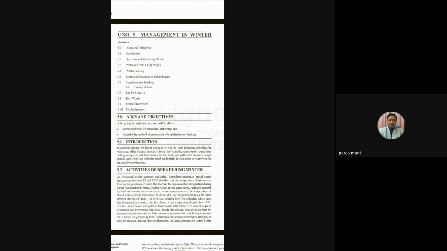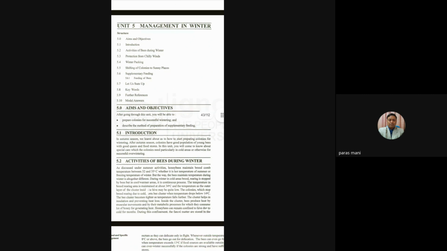Only for 1 or 2 hours, wherever it is necessary, you have to expose the colony to the sunlight. Not completely opening, but the complete box may be kept in sunlight for a few hours only. And supplementary feeding must be given.